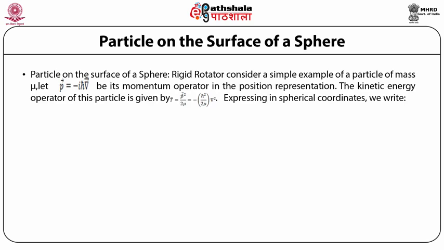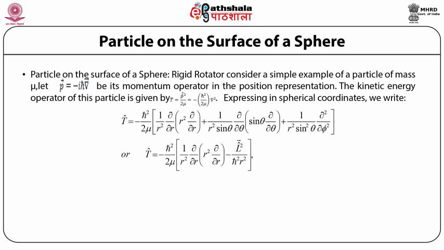Now expressing the del operator in the spherical coordinate system, we can write the kinetic energy operator of the particle having mass mu as T equals minus h cross squared by 2 mu, bracket open, 1 upon r squared del by del r acting on r squared del by del r, plus 1 upon r squared sine theta del by del theta acting on sine theta del by del theta, plus 1 upon r squared sine squared theta times the double partial derivative with respect to phi, whole bracket close.